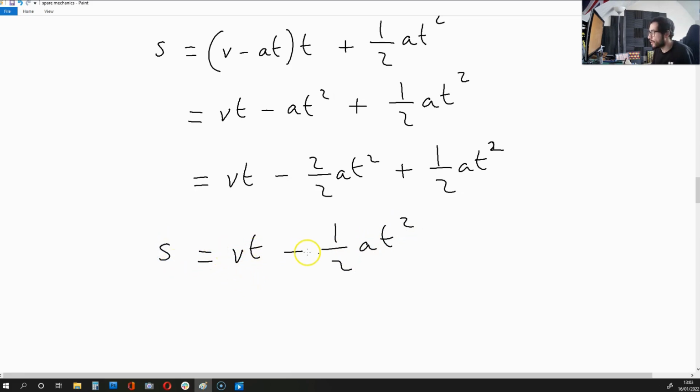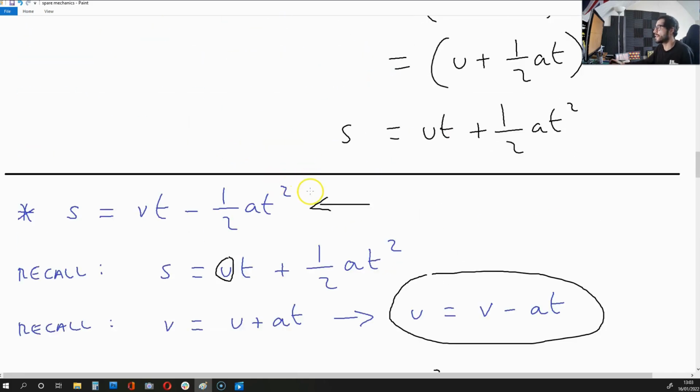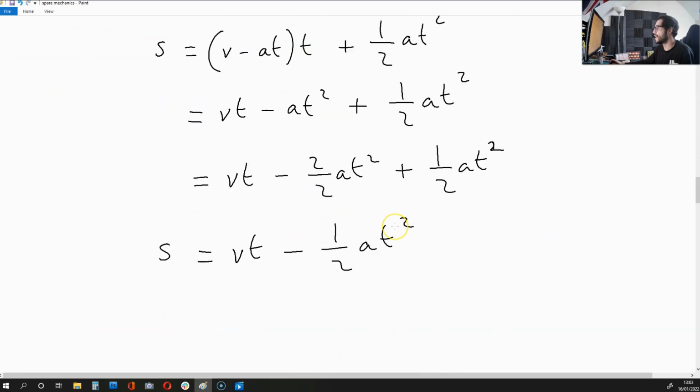So this final equation over here is displacement is equal to final velocity times time minus half times acceleration times time squared, okay? And this is the fifth and final equation that we had to derive.